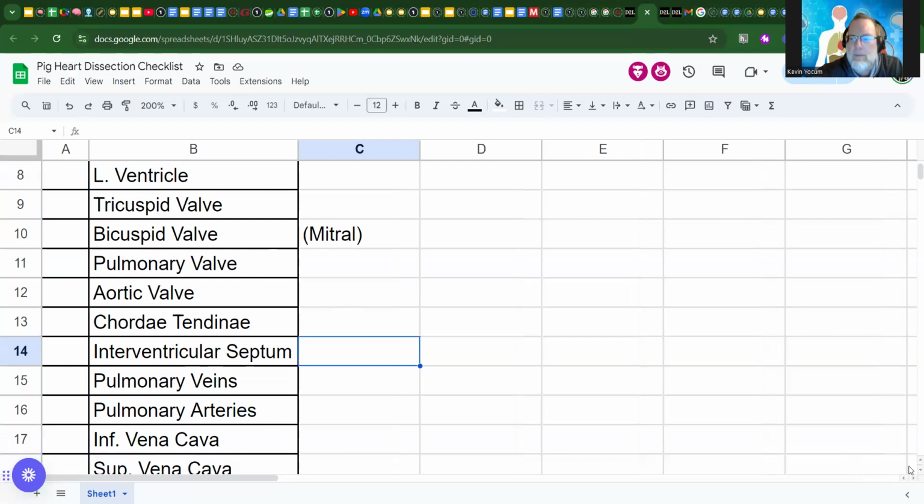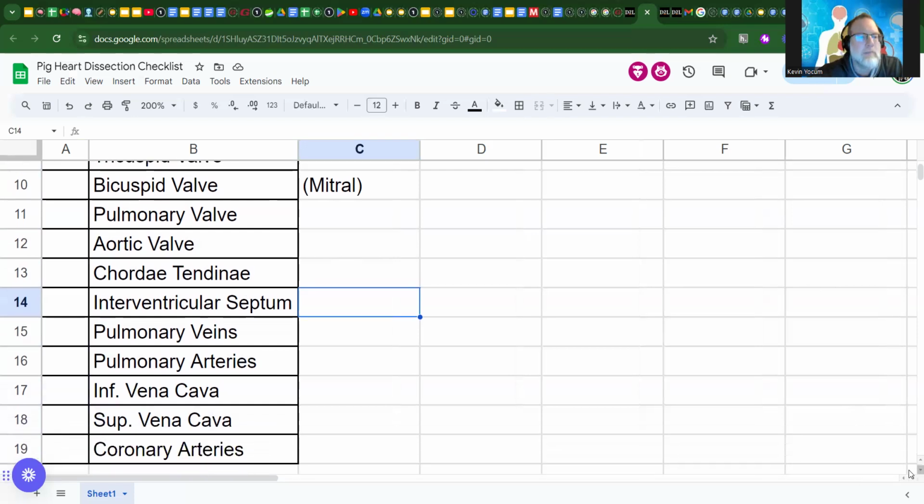And then lastly, we've got a couple of blood vessels. Everything up to this point has been heart features and heart structures, except I guess the aorta. The aorta was our first vessel, but we also have some other vessels here. When we study vasculature, the cardiovascular system, cardio means heart, vascular means vessels.